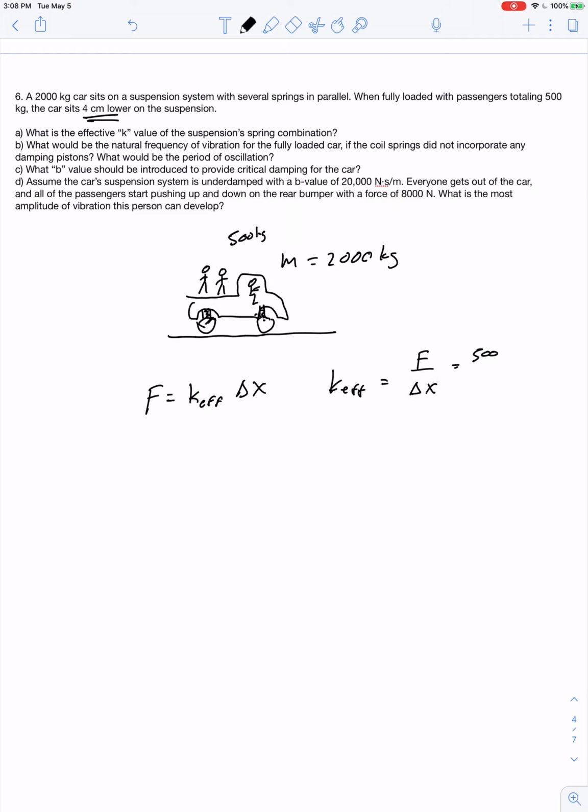So this is a force of 500 kilograms multiplied by 9.8 newtons per kilogram divided by 0.04 meters. And that gives a k value of 122,500 newtons per meter, which sounds like a big number, and it is.